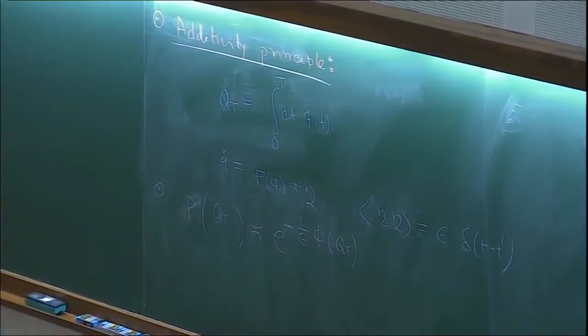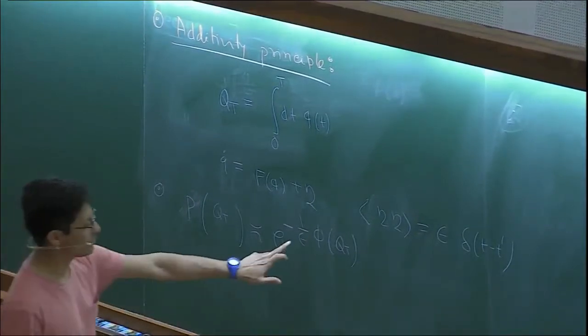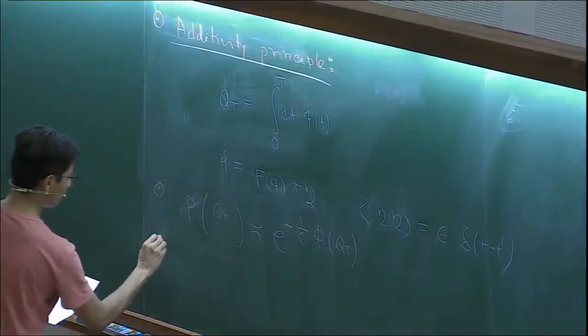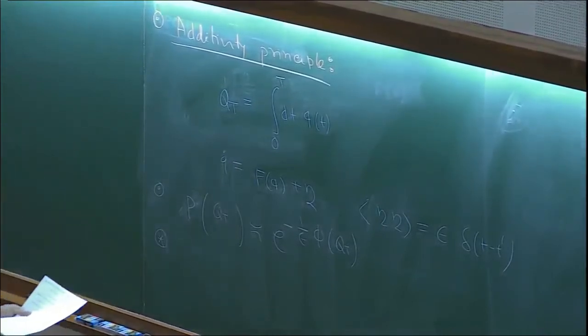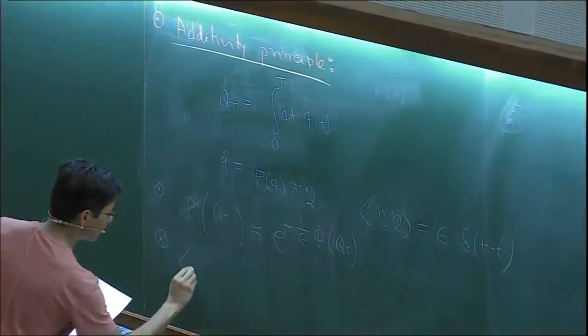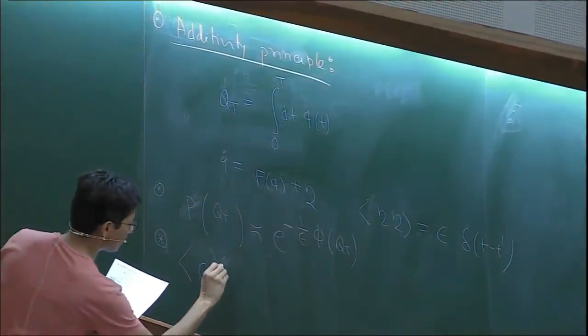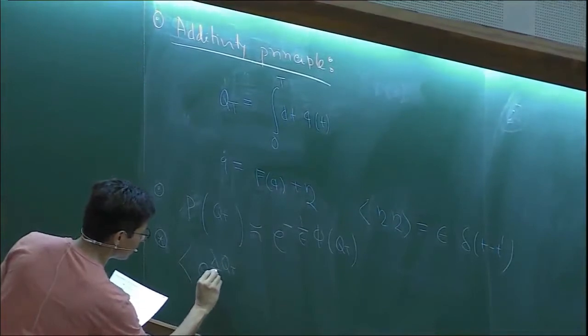T is still not large; the only assumption is that epsilon is very small. So I want to look at this generating function, lambda of Qt, with a 1 over epsilon here.